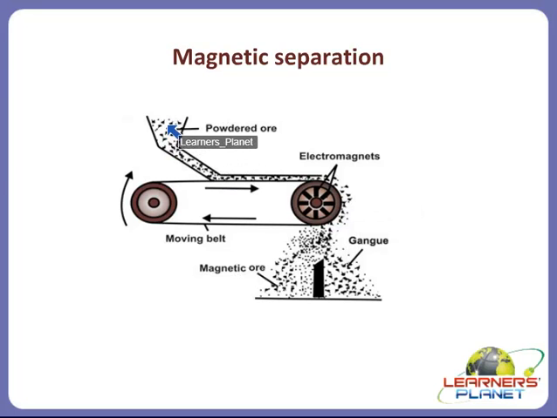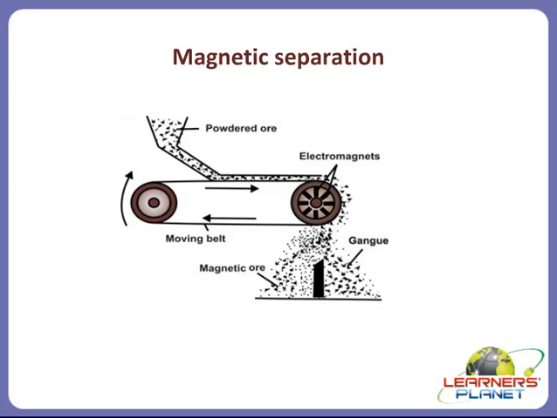Now what is done is, we are pouring in the powdered ore from the non-magnetic side. It moves over the belt, over the roller, and drops down.